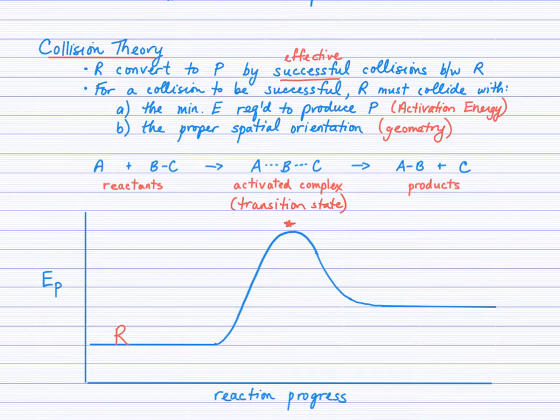Now, as long as this activated complex can form, so if the reactant particles do possess the minimum energy required to produce products, so as long as that activated complex can form and that there was proper spatial orientation or proper collision geometry, then we'll see products formed. And so the products are AB plus C. So in the forward direction, we read this graph that reactants form the activated complex and then continue to products.